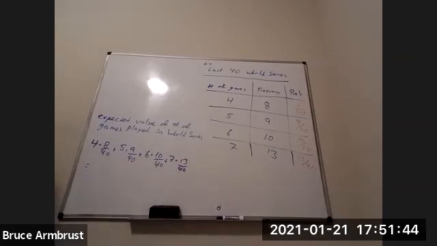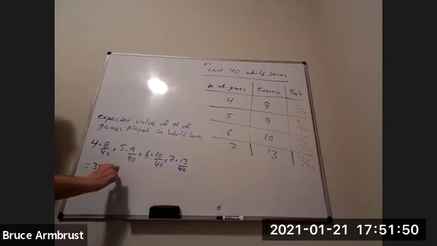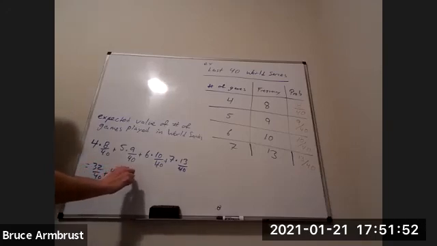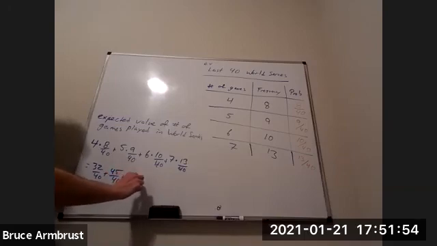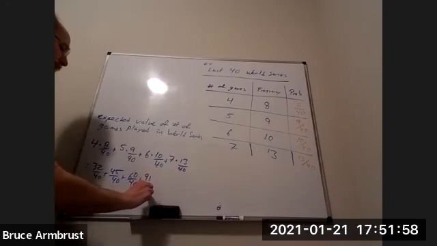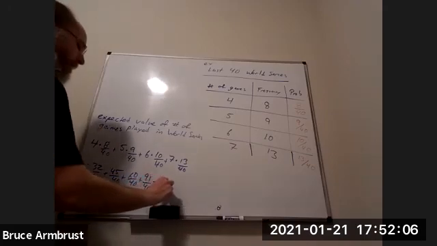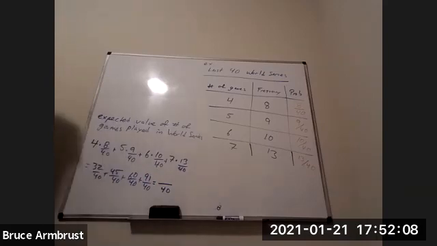So let's do those multiplications. We're going to get 32/40 plus 45/40 plus 60/40 plus 91/40. Then I need to add all those up. Since it's got the common denominator of 40, I can just leave that.